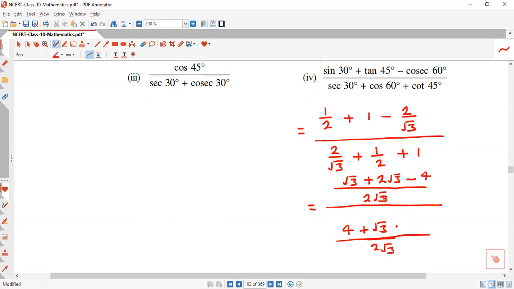Plus 1 is multiplied with the LCM 2 root 3. The second and this fourth terms are the same, so I write down the answer. The LCM is the whole term, so with the bracket we write it down better.